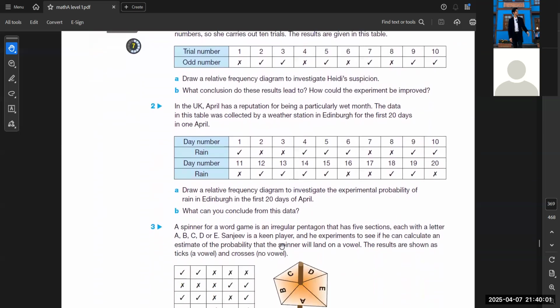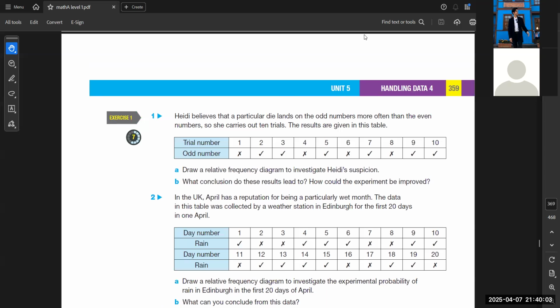So for instance, let's look at question number 1. It says that we threw a die a bunch of times, and this person, Heidi, believes that odd numbers pop up more often than even numbers. So she tried to toss the die 10 times. You get an even number in the first try, an odd number in the second, odd in the third, even in the fourth, and so on.